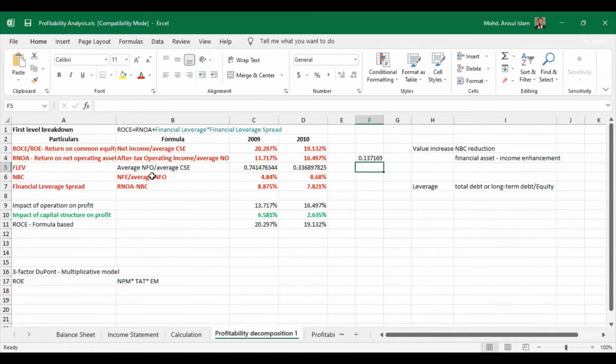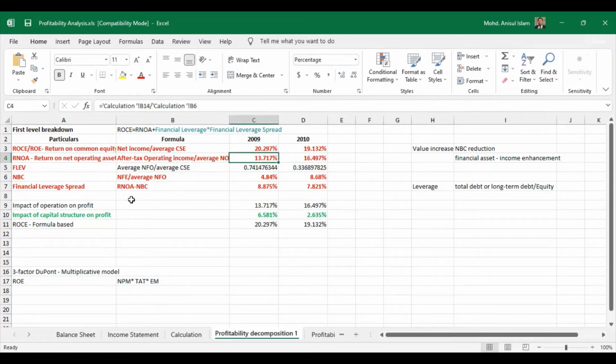What does it indicate? It indicates that out of the 20.297 taka, which has been the value added in 2009, 13.72 taka is coming from investment in net operating assets.